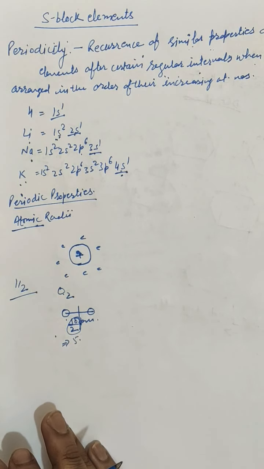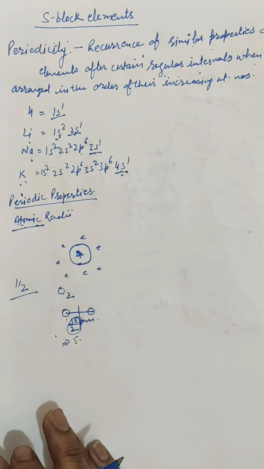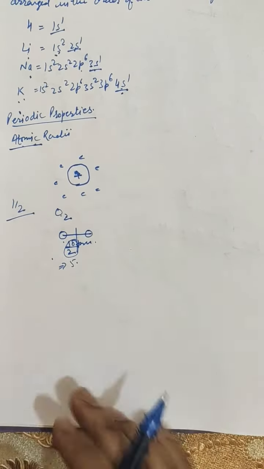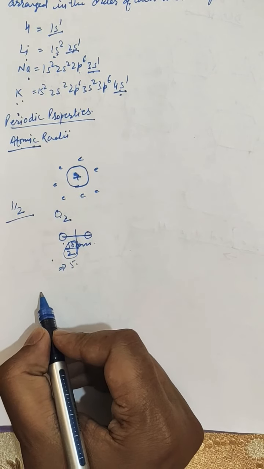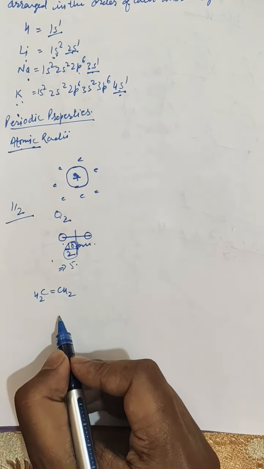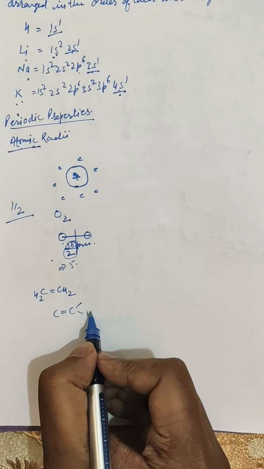Next is the multiple bond radii. In the case of multiply bonded atoms, the corresponding radii are called multiple bond radii. For example, carbon has a double bond radius in ethylene, CH2 double bond CH2, where a carbon-carbon double bond is present.